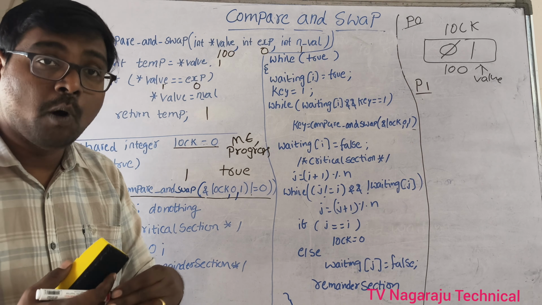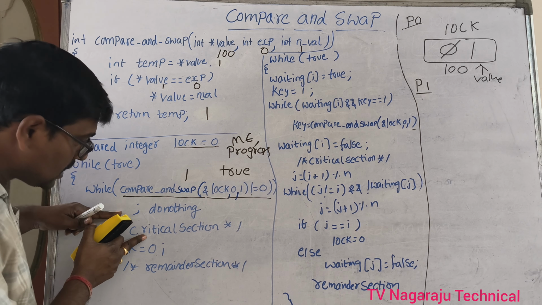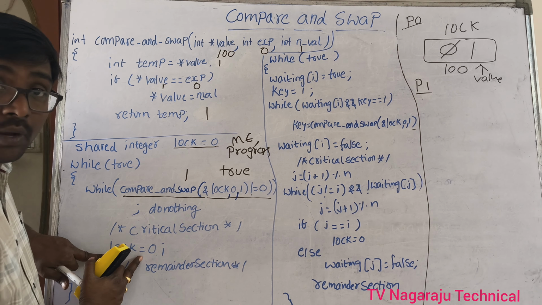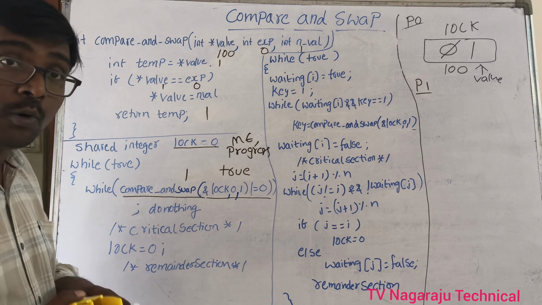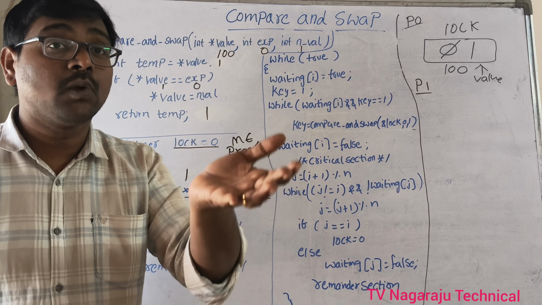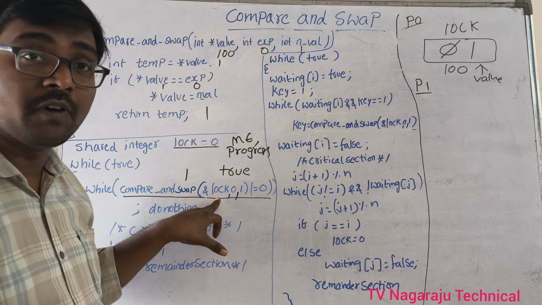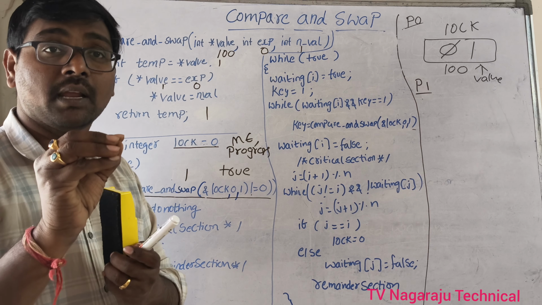But coming to bounded waiting, suppose once the process P0 exits from the critical section, and P1 is waiting for the critical section. Suppose after exiting, process P0 again requests the critical section. Now P0 and P1 both are requesting the critical section. Here there is no criteria for which process I am allocating.